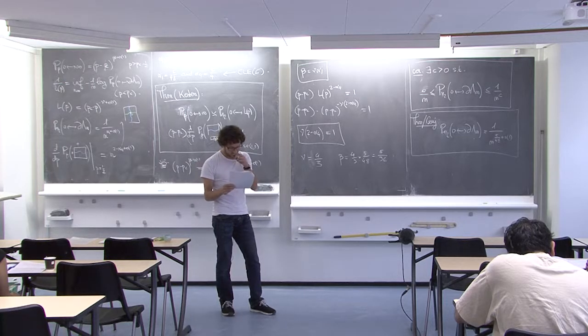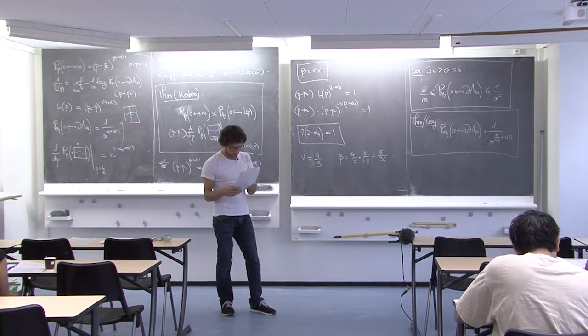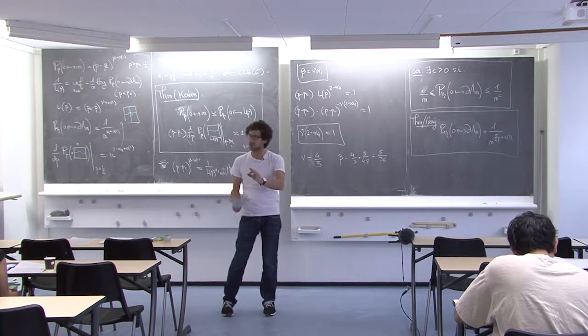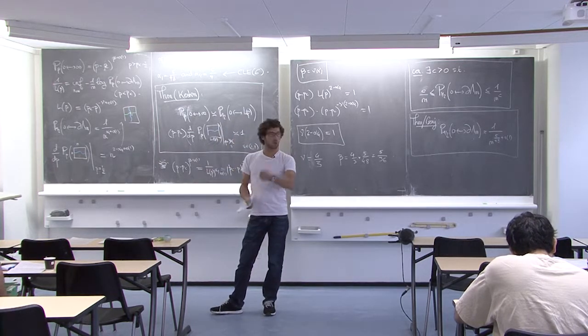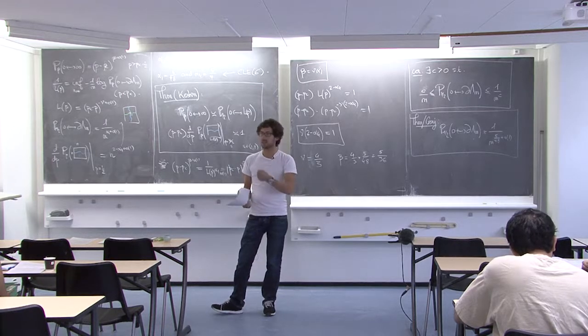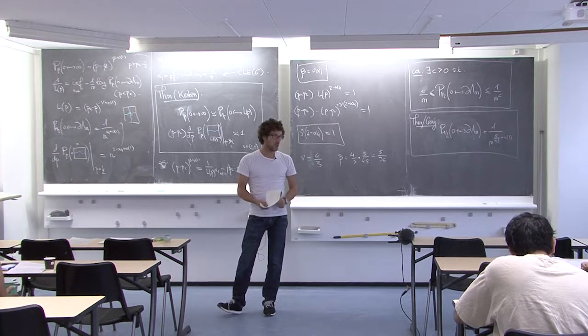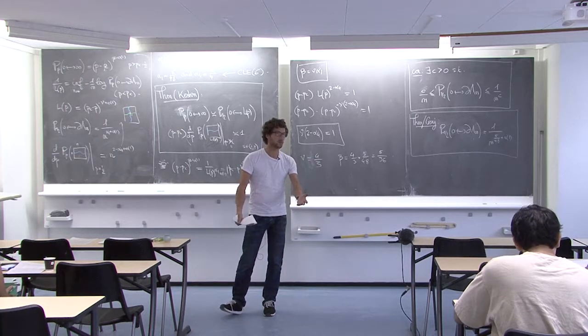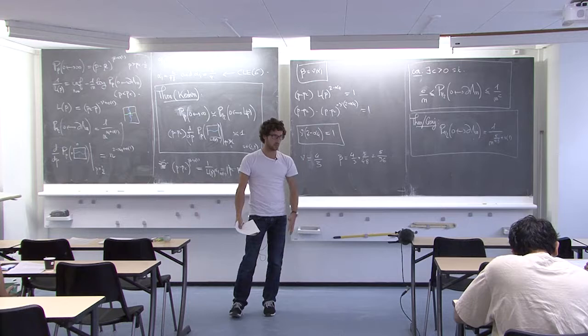So question 6 is something which I told you: for CLE, if you look between epsilon and distance 1, the probability of having a path is epsilon to the 5/48. And I told you, okay, now put epsilon equal 1 over n. And it gives you 1 over n to the 5/48.